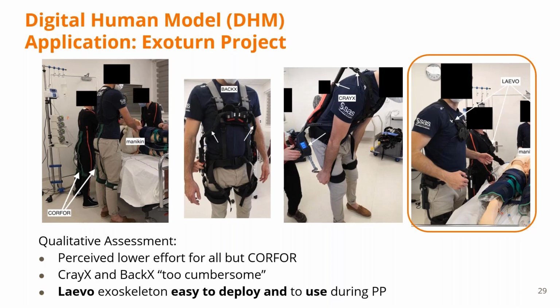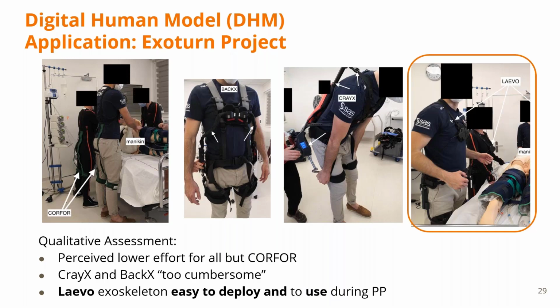The Corfor exoskeleton was easy to deploy, but the health workers, nurses and physicians, did not perceive any major difference while using it. On the other hand, both the CrayX and the BackX were reportedly too cumbersome to use while executing the prone positioning task.